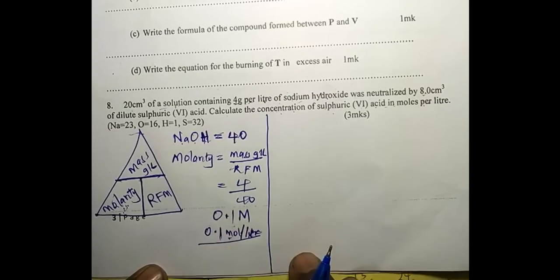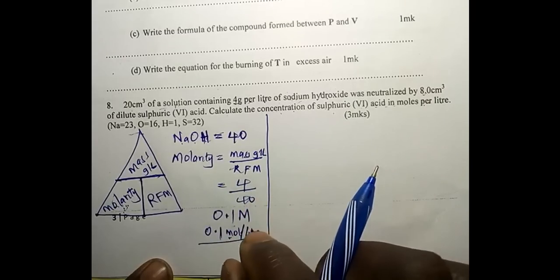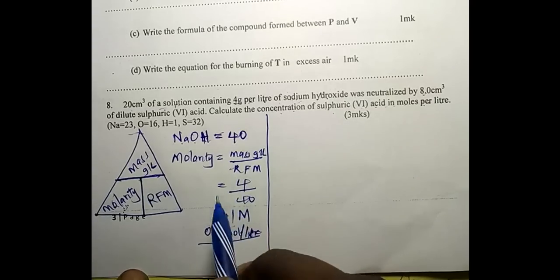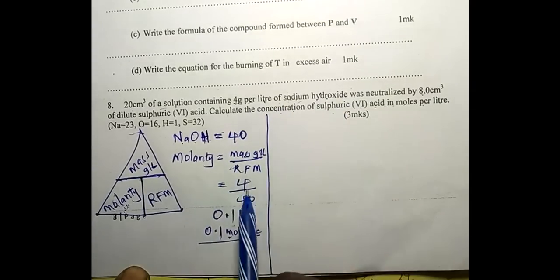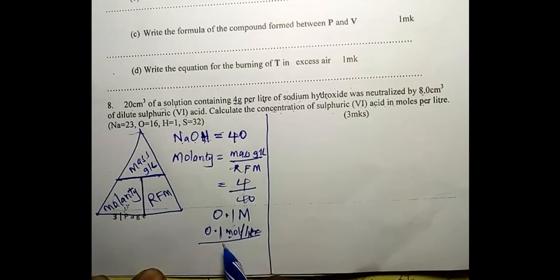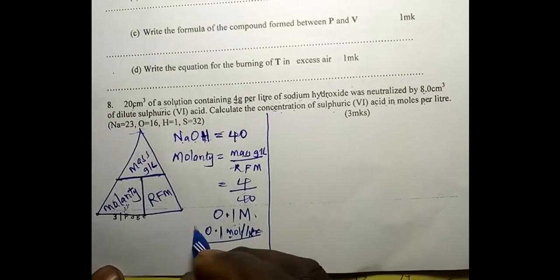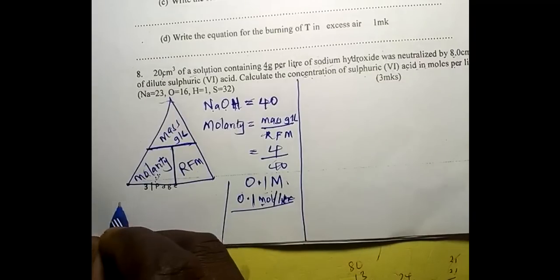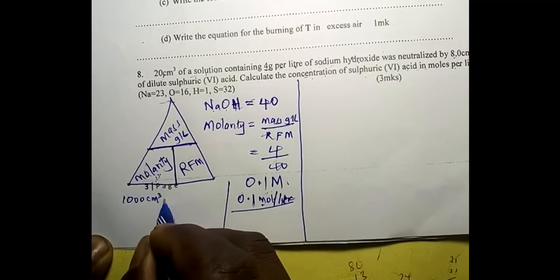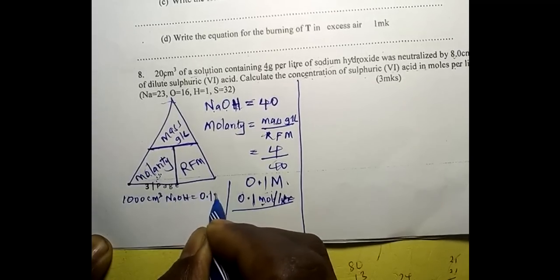Now that we have the molarity, let us see the relationship. So you must write the equation so that you can check the mole ratio. But before that, let us know the number of moles of sodium hydroxide that reacted with the sulfuric acid. Now we know the number of moles in 1,000. We will ask what about 20? We will ask that 1,000 centimeters cube of sodium hydroxide contains 0.1 moles.